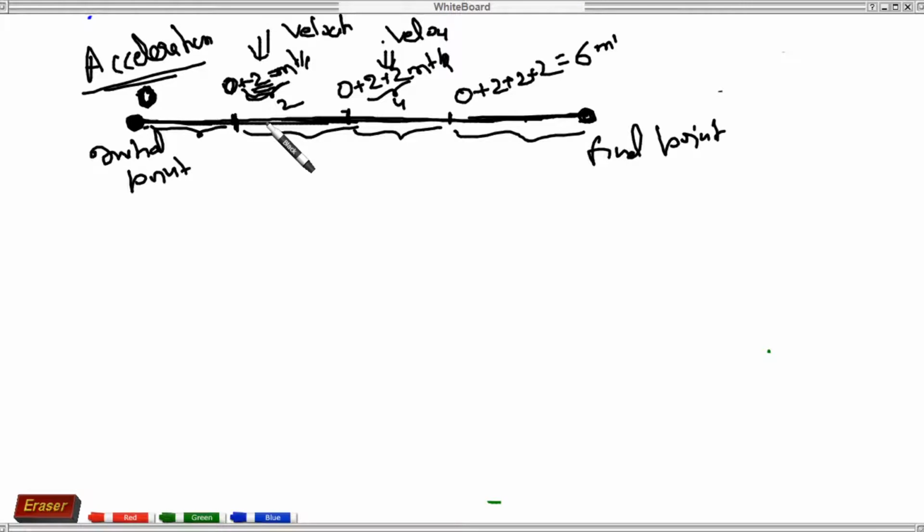Suppose all these intervals are equal. Then you can see that it's increasing in a proper way. Here it's 2, here again it's a 2 increment, it becomes 4, again a 2 increment, it becomes 6 and so on. So it's a constant increase, which means acceleration is constant.